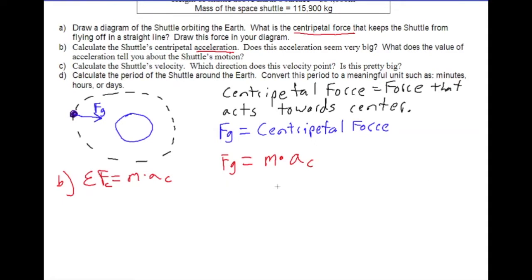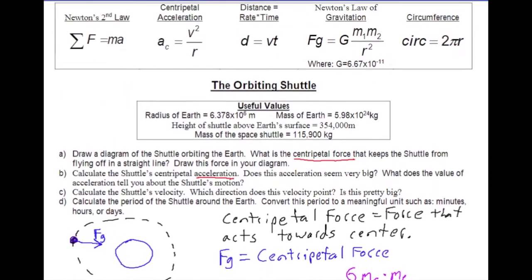And that's going to change this whole equation into the following. Big G times m of the satellite times mass of the Earth divided by r squared. And this is just my universal law of gravity, and we have that up here as well.